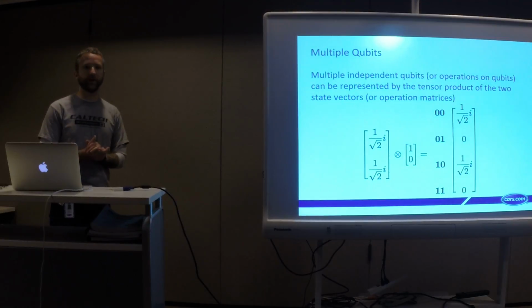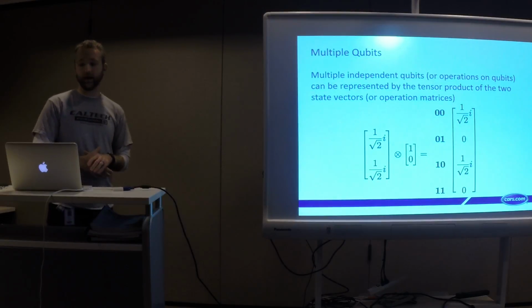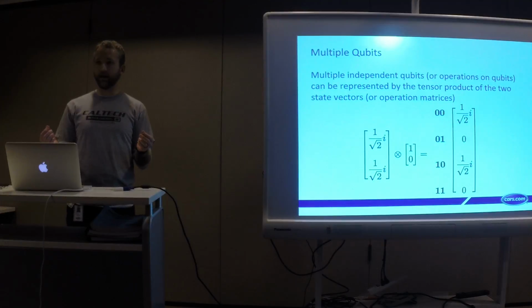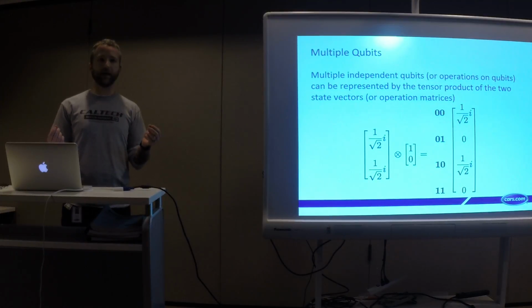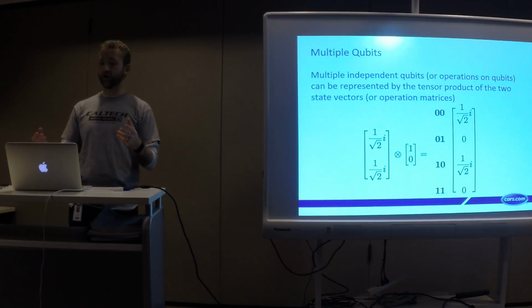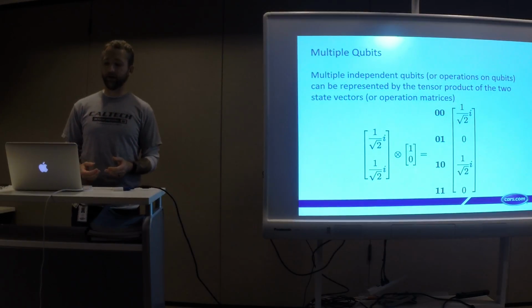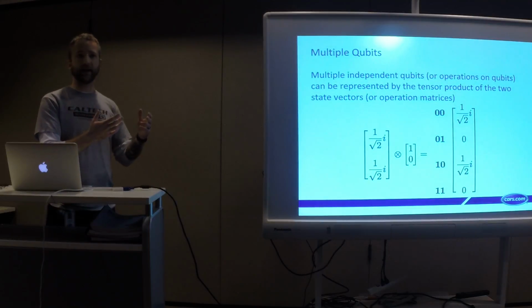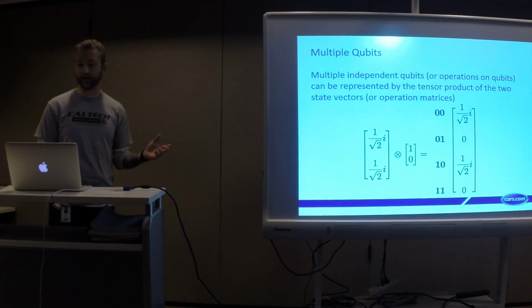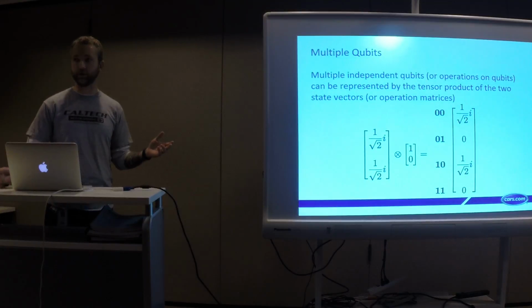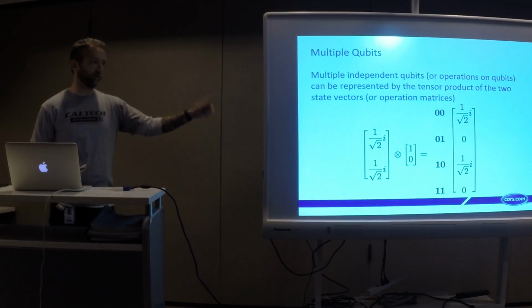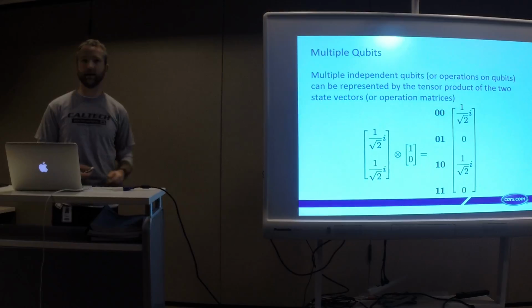So that was the inner product, the matrix multiplication part. Here's where the tensor product comes in. If you have multiple qubits that are not entangled, they're independent, but you want to act on them with a single transformation, then if we want to represent that in terms of a matrix, we take the tensor product. This gives us the amplitudes for all 4 potential states that we get by having 2 qubits.